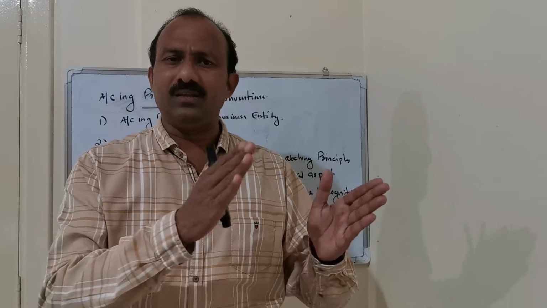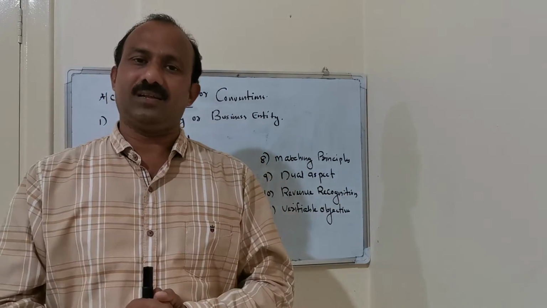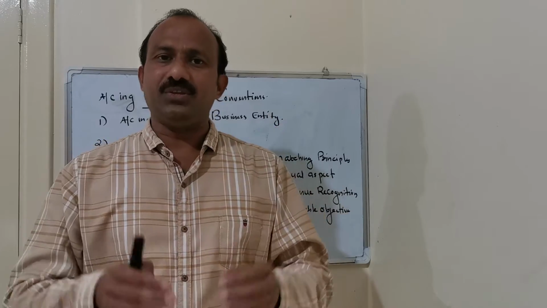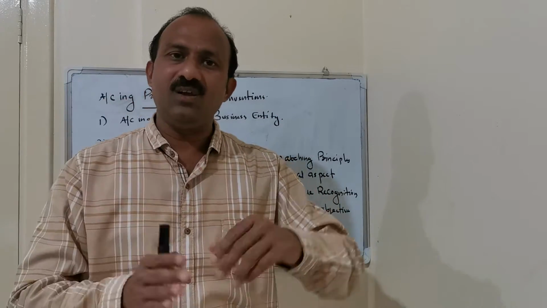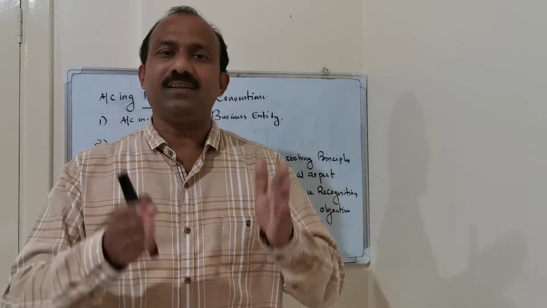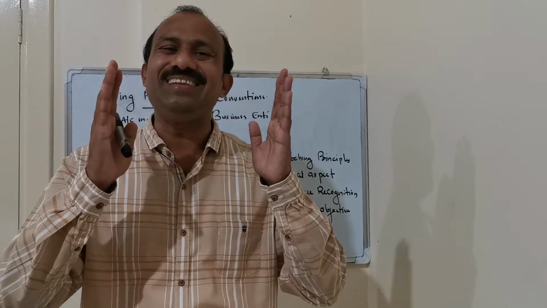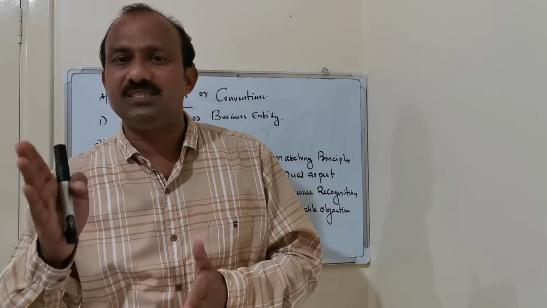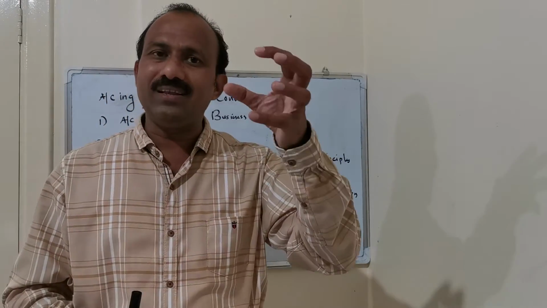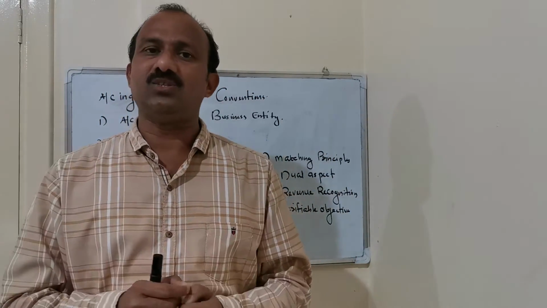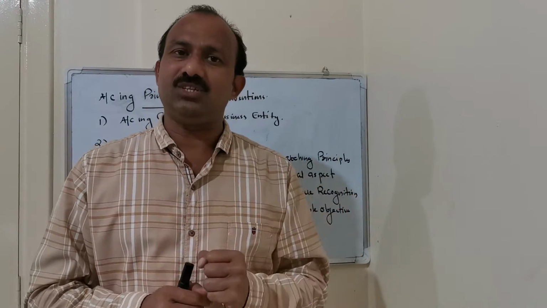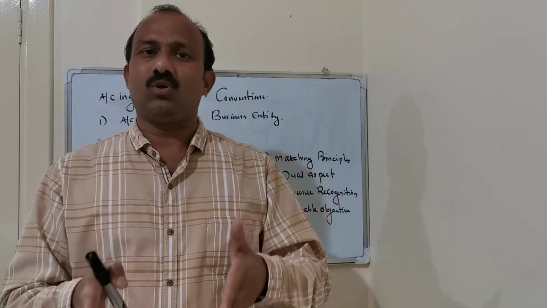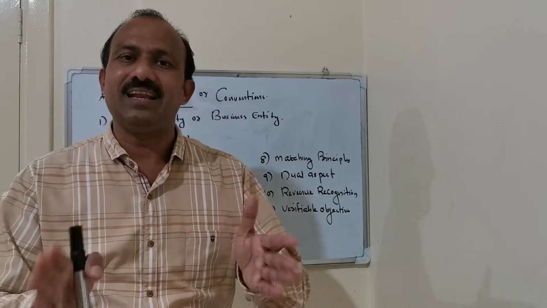Some information is material and some is immaterial. Immaterial means it is not useful for decision making purposes. In small organizations, even small transactions are material. But in big organizations, only valued items or big amounts will be treated as material items. That is the example of materiality.